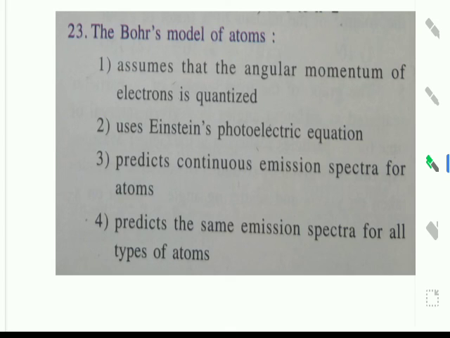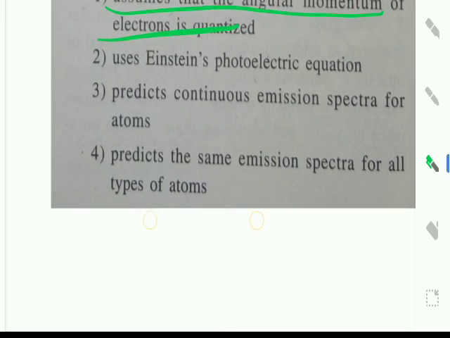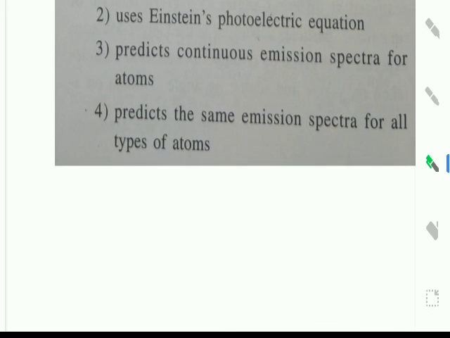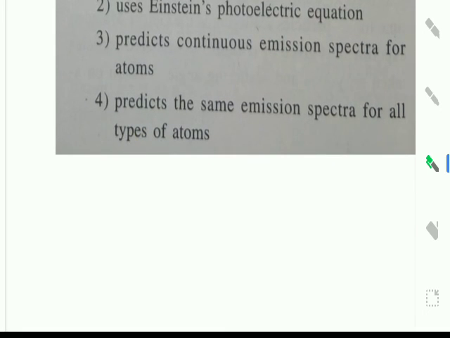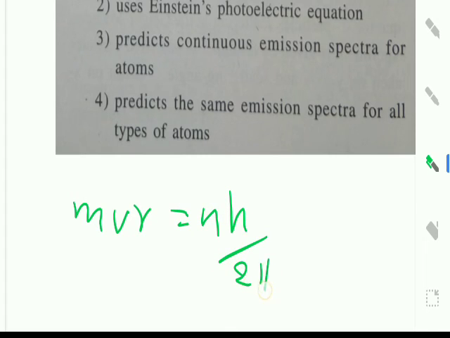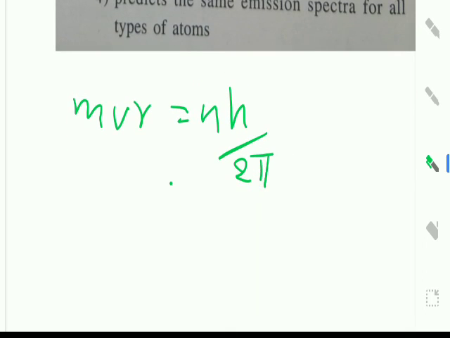Bohr's model of atom assumes that the angular momentum of the electron is quantized. Yes, it is the right answer. Why? Because angular momentum mvr is equal to nh by 2 pi.